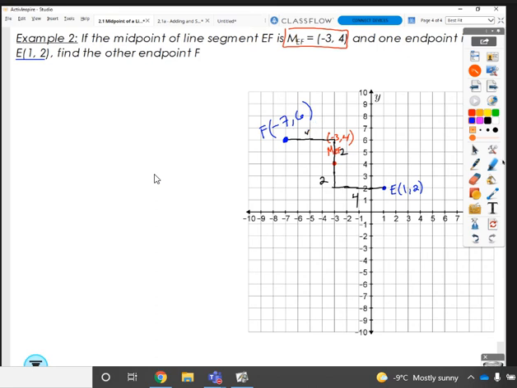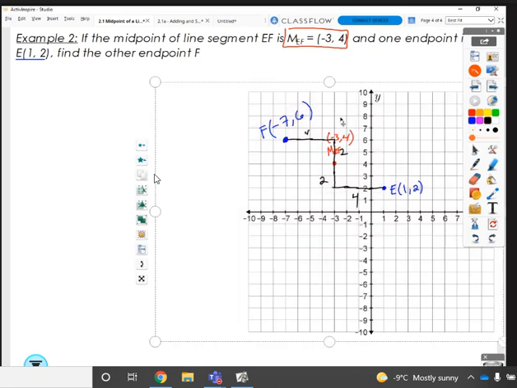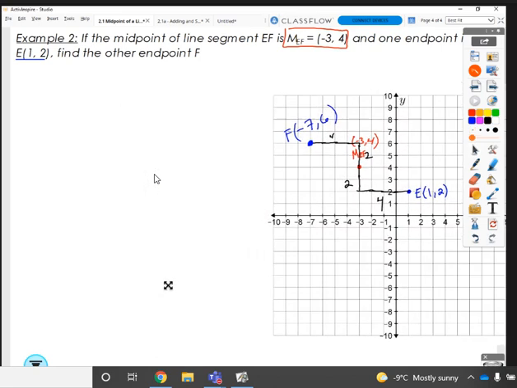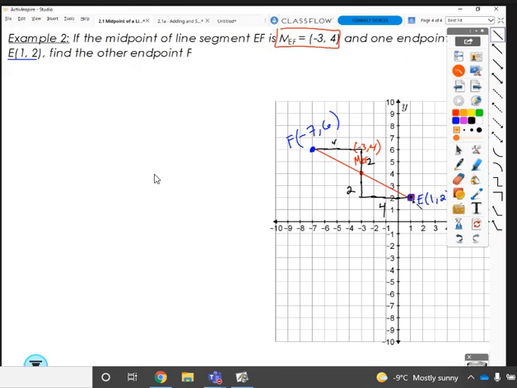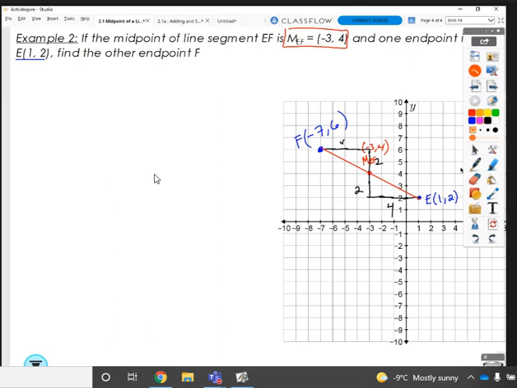Is there a way that I can move this over just a little bit? Awesome. Okay. So if we're talking about this line segment, I'm going to draw it with a ruler. There you go. F is certainly the other endpoint, and we know that because of the rise and the run.